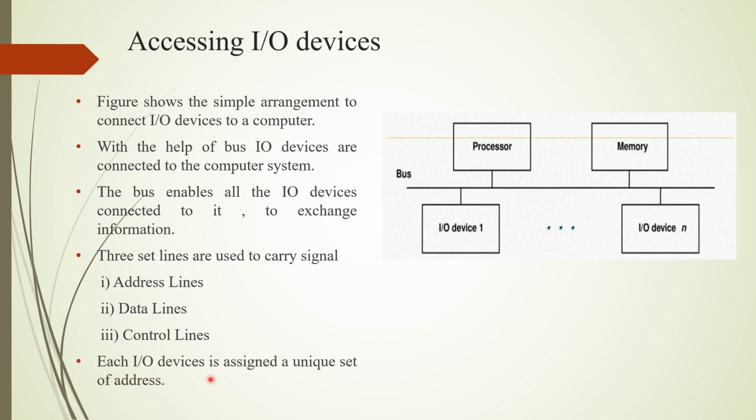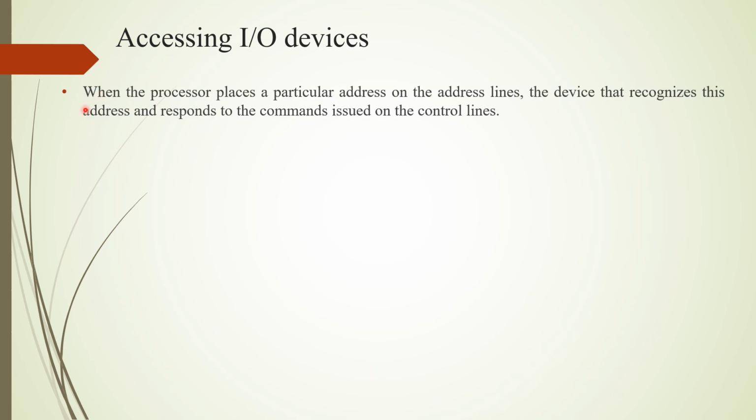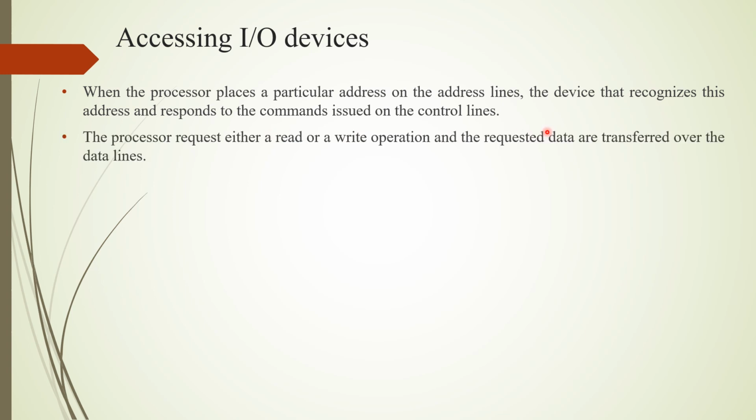Each IO device is assigned a unique set of addresses. When the processor places the address of a particular IO device on the address lines, the device that recognizes this address responds to the commands issued by the processor on the control lines.